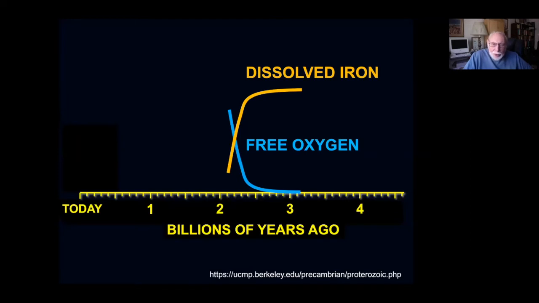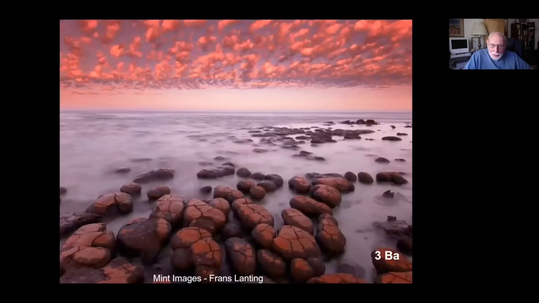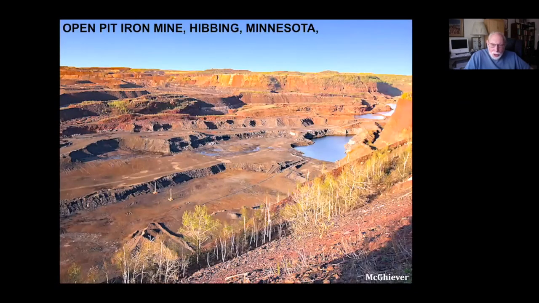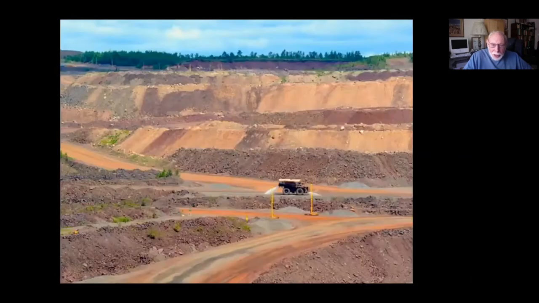The dissolved iron precipitated out and formed thick accumulations on the seafloor. And most of the iron that we mine today comes from that particular period of time. The great iron mines of Minnesota are all derived from this particular period.